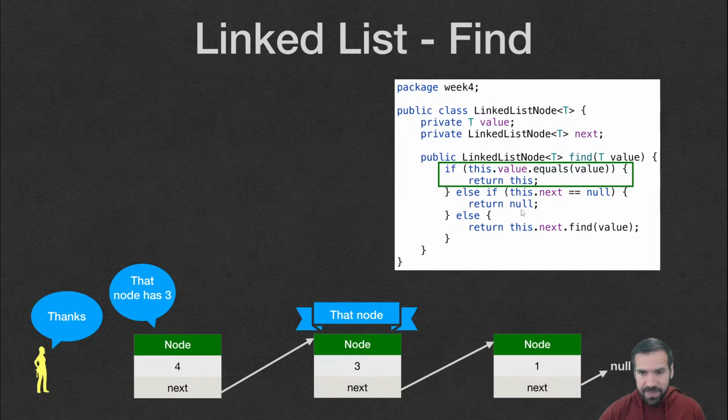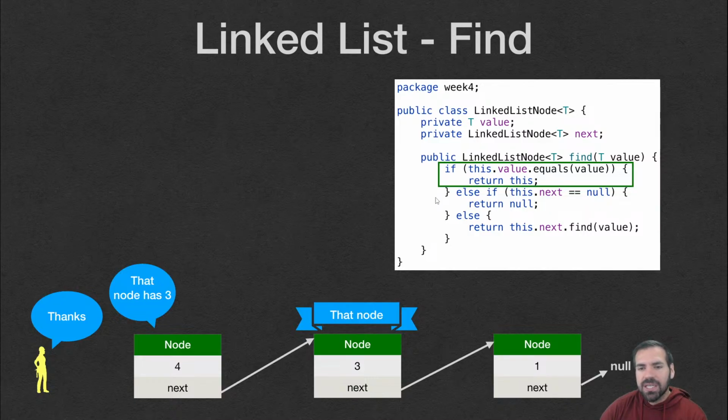I didn't finish my sentence there, but I said the order is important here. You always want to process the node first and then check if you've reached the end of the list, at least for this specific setup, this specific task that you're accomplishing.